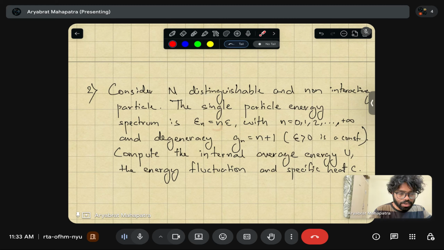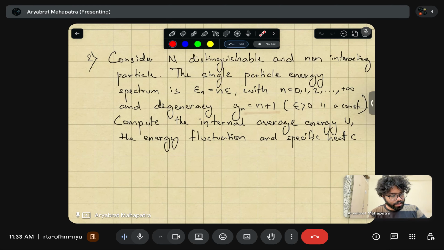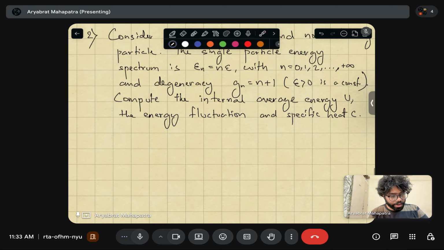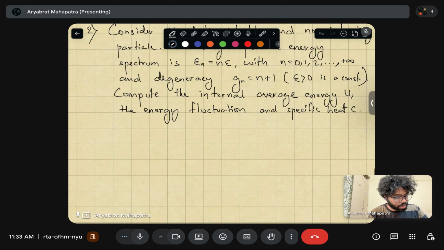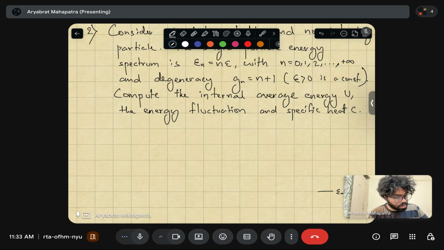That means if you start with the lowest one, it's the zero energy level, then 1 epsilon, 2 epsilon, 3 epsilon, like that it goes. With each energy level you have n plus one degeneracies. So you have no degeneracy for the ground energy level, where epsilon 0 is 0.